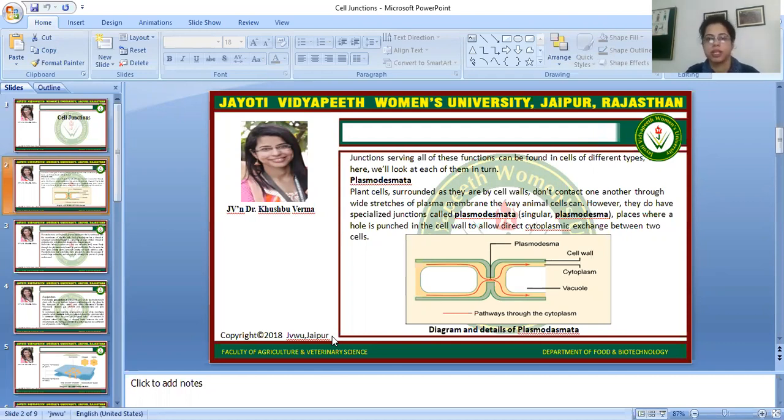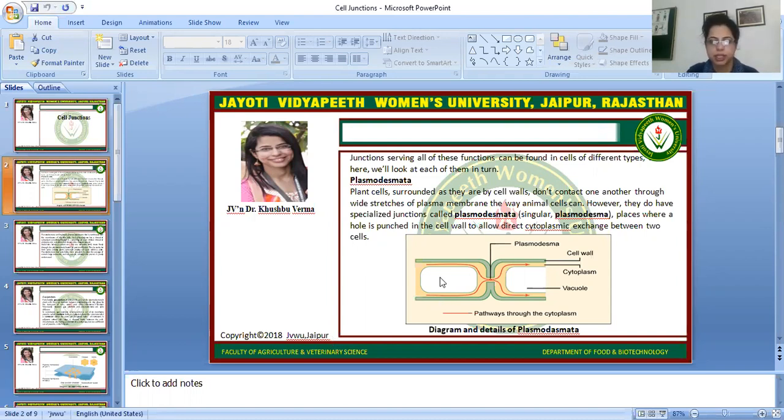Plant cells, surrounded as they are by cell walls, don't connect to one another through wide stretches of plasma membrane the way animal cells can. However, they do have specialized junctions called plasmodesmata, singular plasmodesma, at places where a hole is punched in the cell wall to allow direct cytoplasmic exchange between two cells.